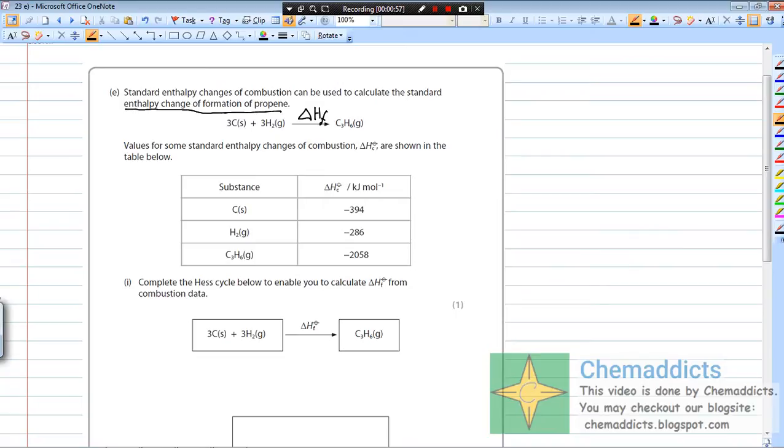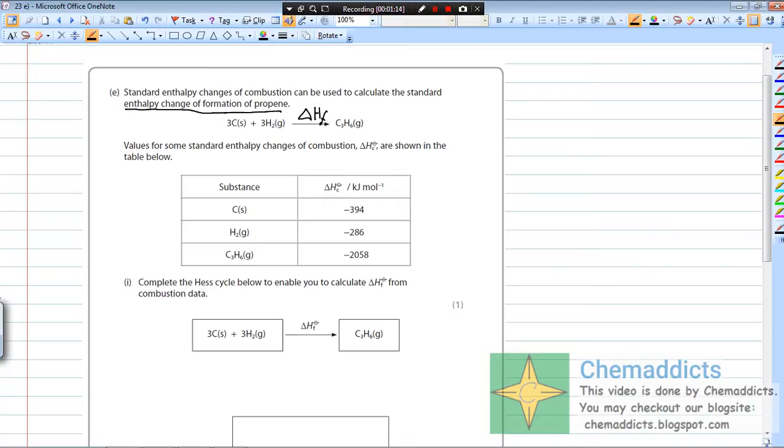Okay. So values for some standard enthalpy changes of combustion are shown in the table below. As we can see, the standard enthalpy change of combustion is given for each substance.